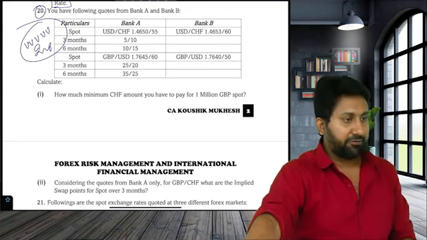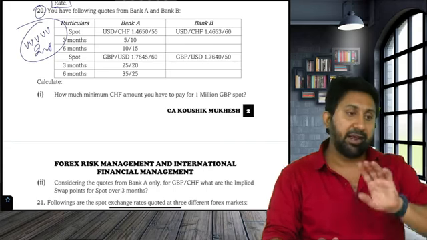Okay, see there. Spot points are given. Swap points are also given. Bank A, Bank B, two banks are there.